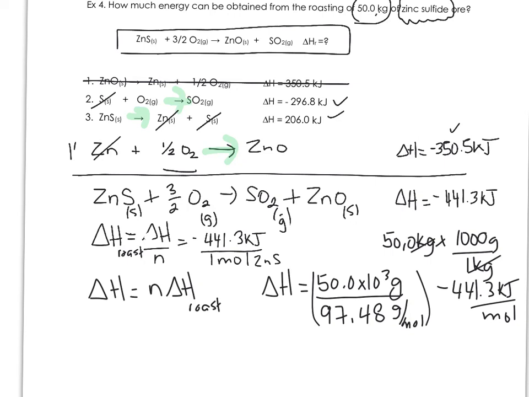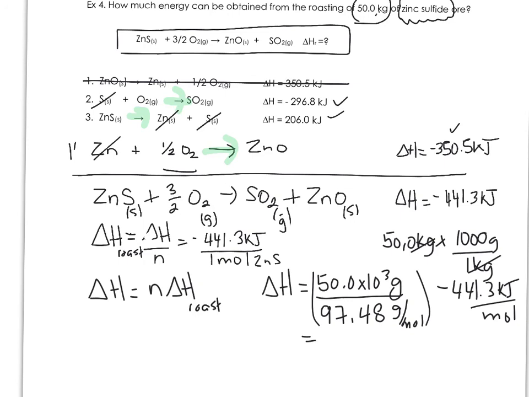So our final answer is 5 times 10 to the exponent 4, so 50,000 grams divided by 97.48 grams per mole to give us the number of moles, times 441.3 kilojoules.